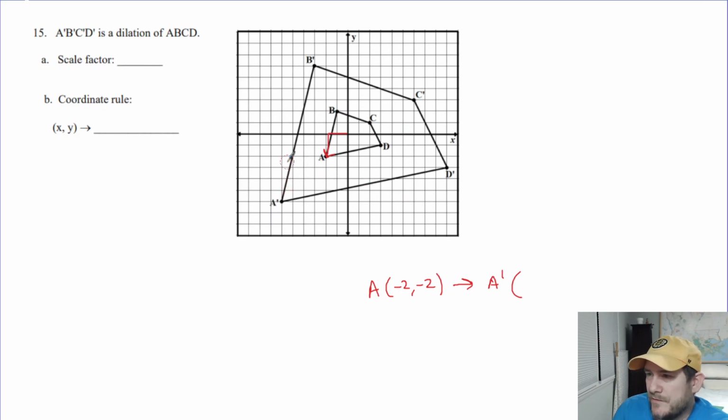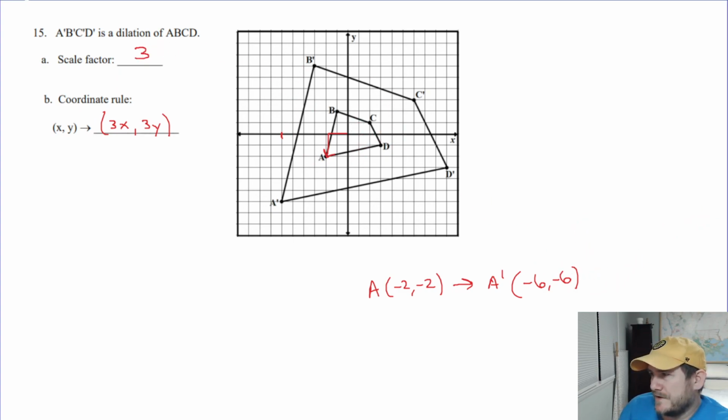And I see that A prime is 1, 2, 3, 4, 5, 6, 1, 2, 3, 4, 5, 6. So -6, -6. So just from that info alone, I can see that my coordinate rule is that we're multiplying by 3. That means we're in an expansion. It also means our scale factor is 3. We're blowing everything up by a factor of 3.